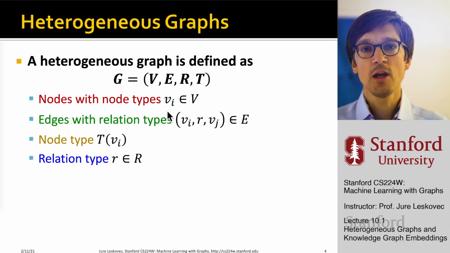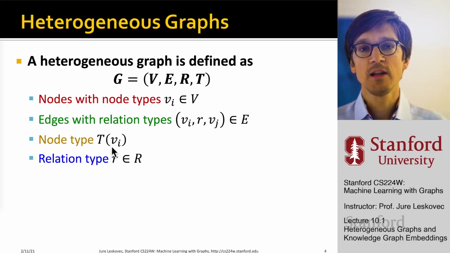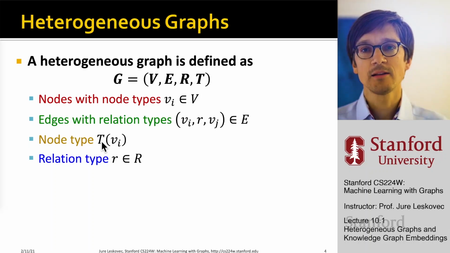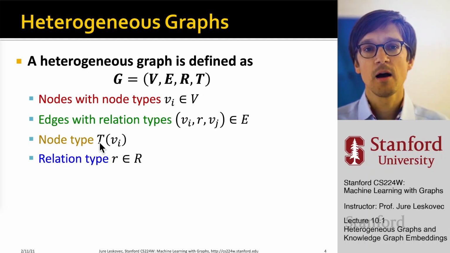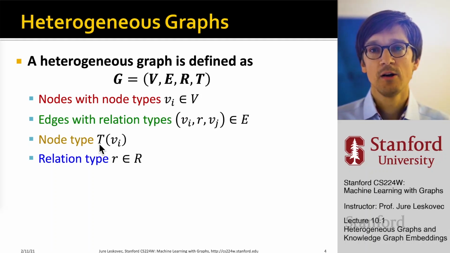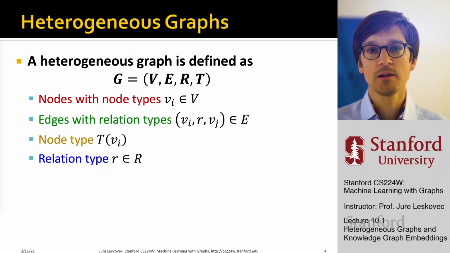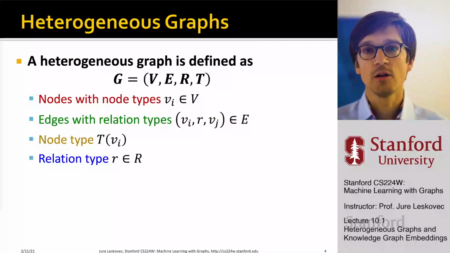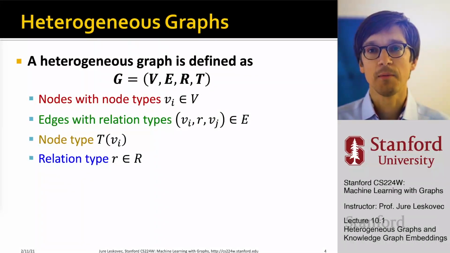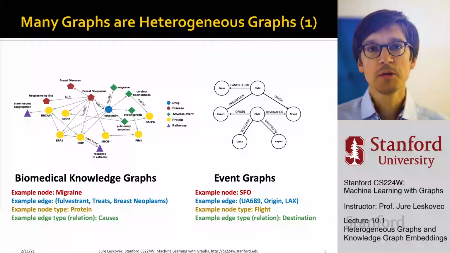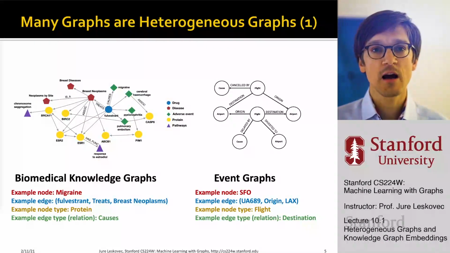And then also each node is of a different type, and I can get the type of the node by looking into this function or set T. So basically I have nodes and edges where every node is labeled by a type and every relation is labeled by a type.